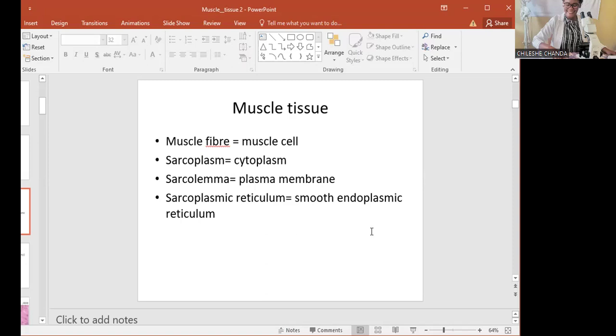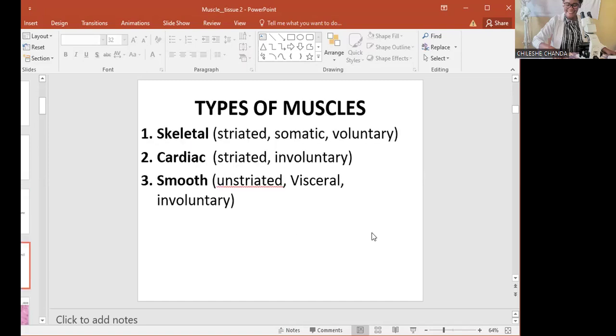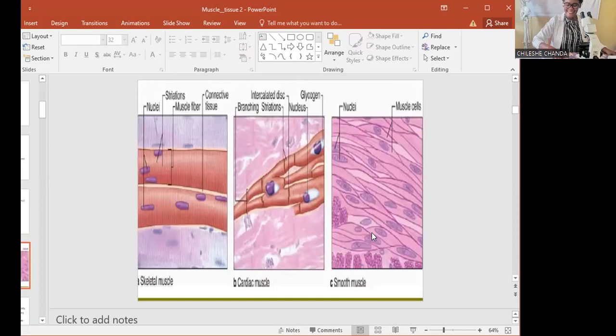The plasma membrane, which is the cell membrane of a muscle fiber, is known as sarcolemma. The smooth endoplasmic reticulum of muscle fibers is known as the sarcoplasmic reticulum. So those are the 3. Those are some of the words that you're going to be using when you're talking about muscle tissue.